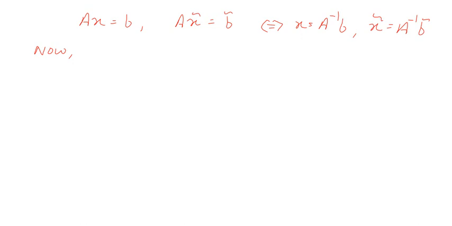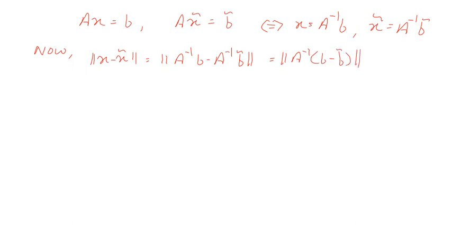Now the norm of X minus X tilde equals the norm of A inverse B minus A inverse B tilde, which equals the norm of A inverse times B minus B tilde. Now, since this is a subordinate matrix norm, this is less than or equal to norm A inverse times norm of B minus B tilde.